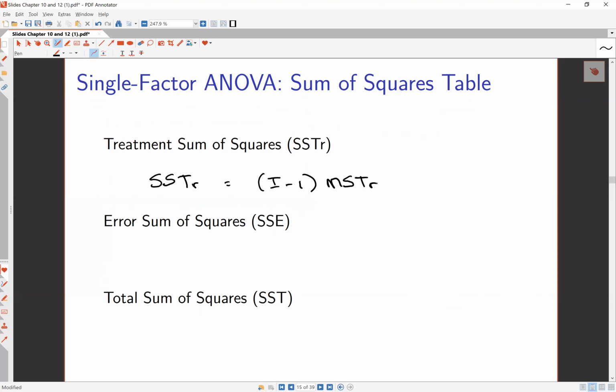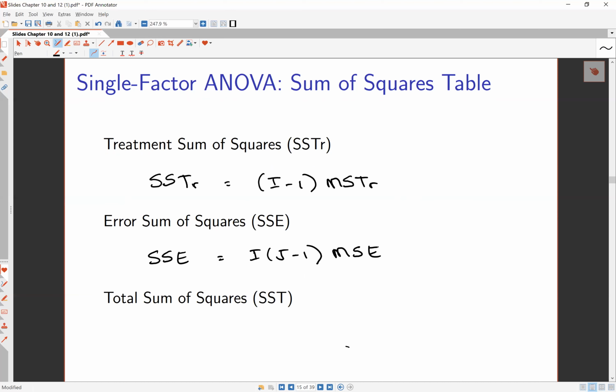Next, we have error sum of squares, or sum of squared error. This is related to the mean square error, and you obtain it by multiplying mean square error by I times J minus 1. So you can see those adjustments are just related to the different degrees of freedom.